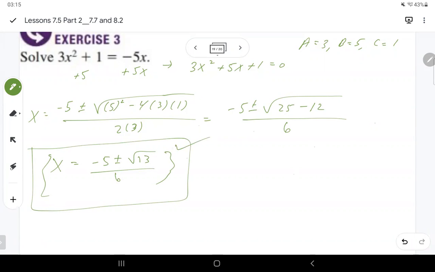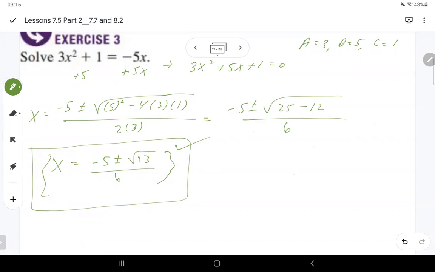You still have 2 answers because you have a plus or minus situation going on. Some students like to get the decimal equivalents there. I will give credit on the exam for the decimal equivalent, but I would not recommend it. And more than likely on your final exam, it'll look like that. And on anything, probably with Pearson, it'll look like that.